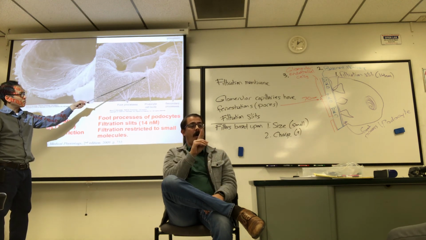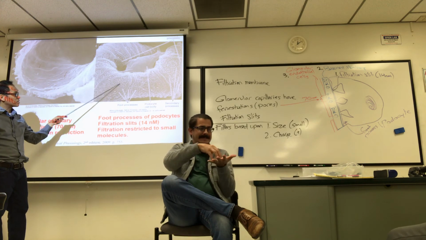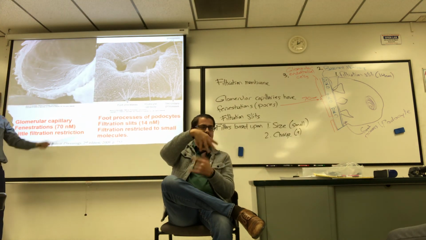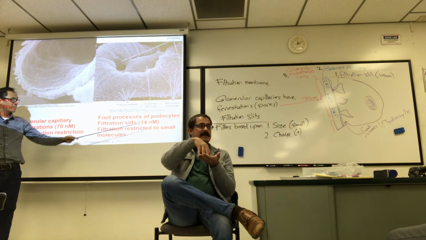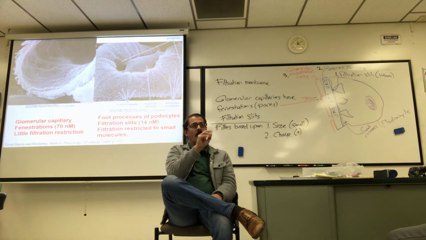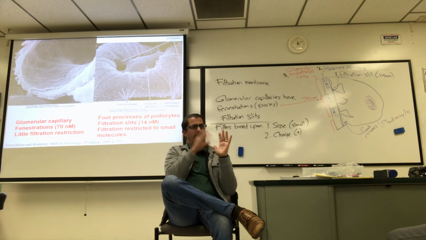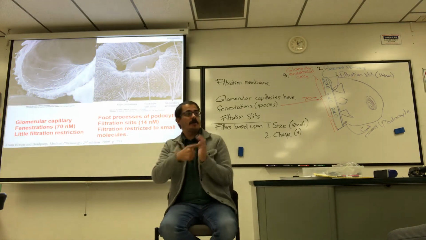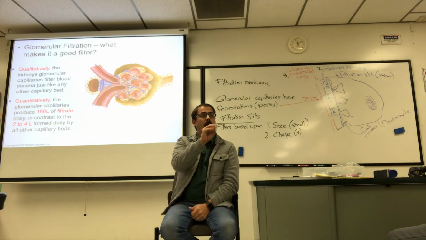Okay, and you can see all these little foot processes and the little slits in between these little finger-like things of the foot processes. Those are the slits that are 14 nanometers. So this shows the fenestrations, which are 70. I think the picture is very effective at showing you why the glomerulus is a good filter. So I even asked that question on the next slide.